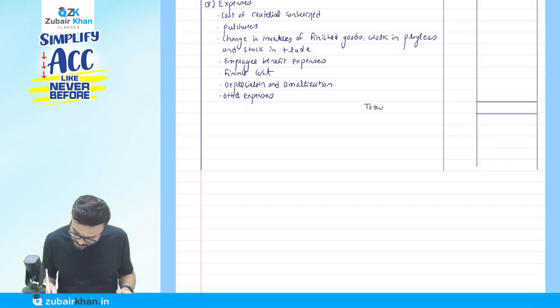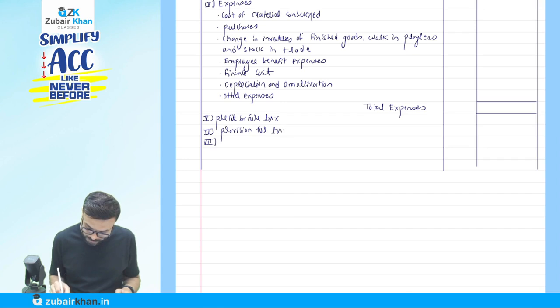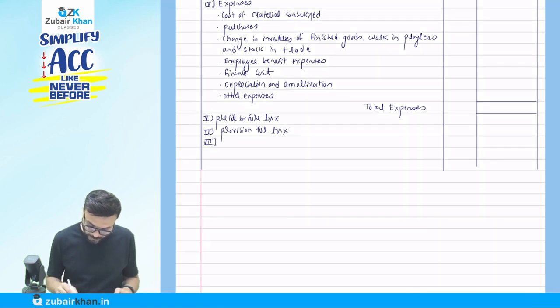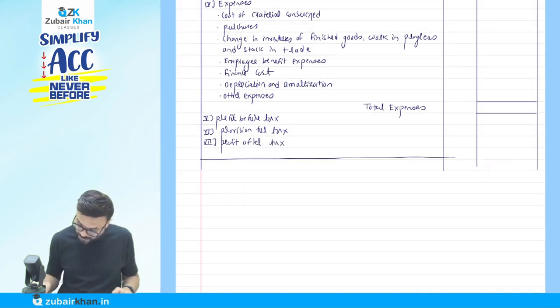Total expenses. Now here, fifth point, profit before tax. Then sixth is provision for tax. Okay, then after that, profit after tax. Now total.